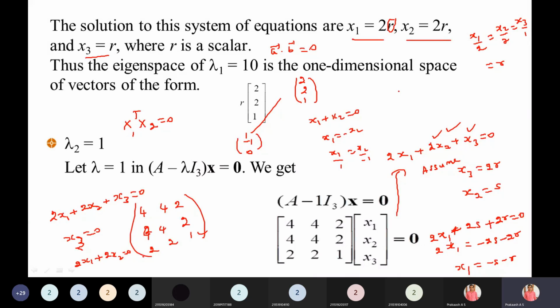But x3 you have to take as l, m, n such that x3 transpose x1 equal to 0, x3 transpose x2 equal to 0. By solving this, you will get the x3 element. We will apply the leaving column method.